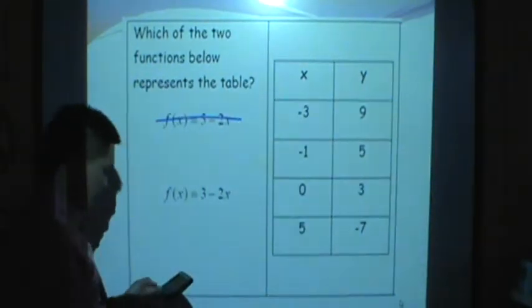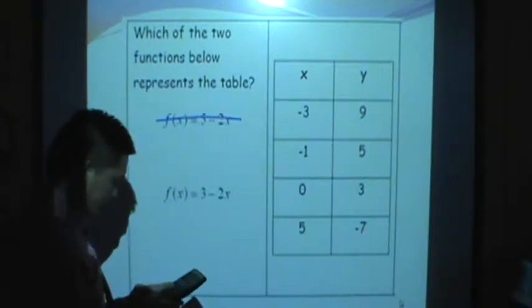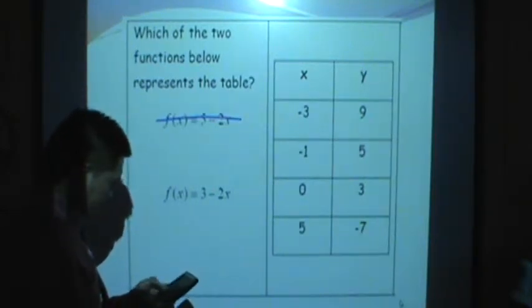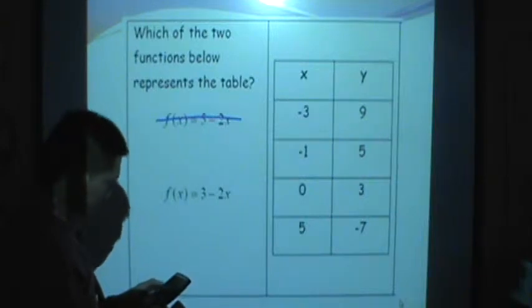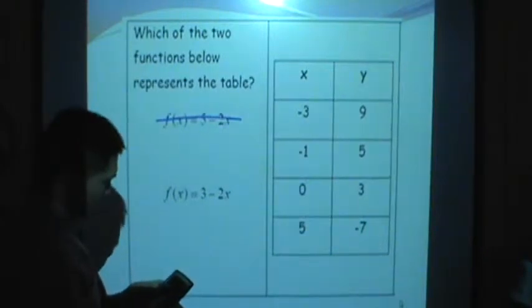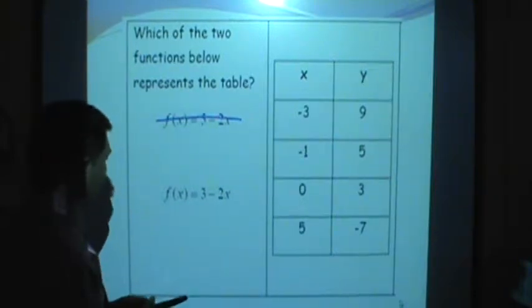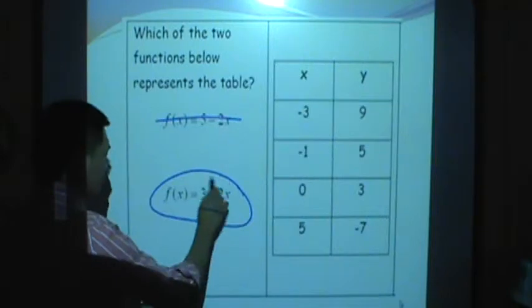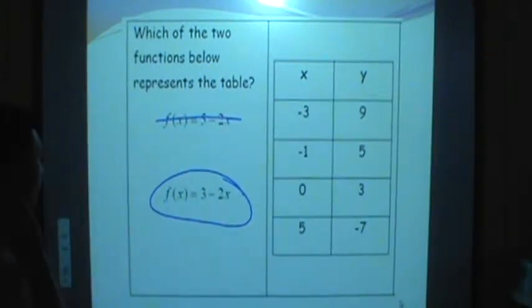Let me try 3 minus 2x. Second graph. Negative 3, 9. Okay, I got negative 1 and 5. I got 0, 3. And then for x of 5, I got negative 7. Yes, this is the answer.